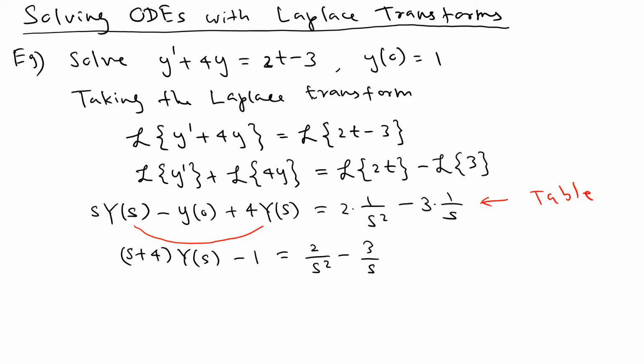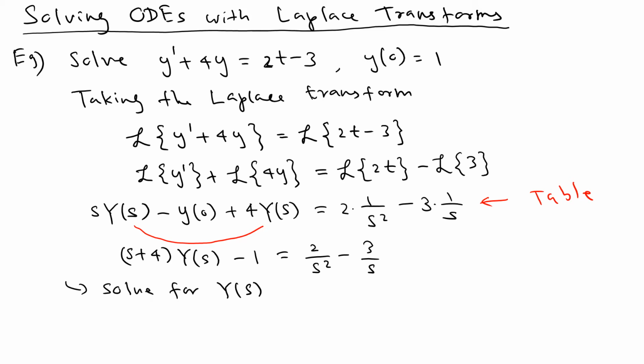So after we substitute for all the terms, what we're trying to do is solve for Y(s). So that's the next step. To do that, I'm going to move the 1 to the other side, and then we can divide by s plus 4.